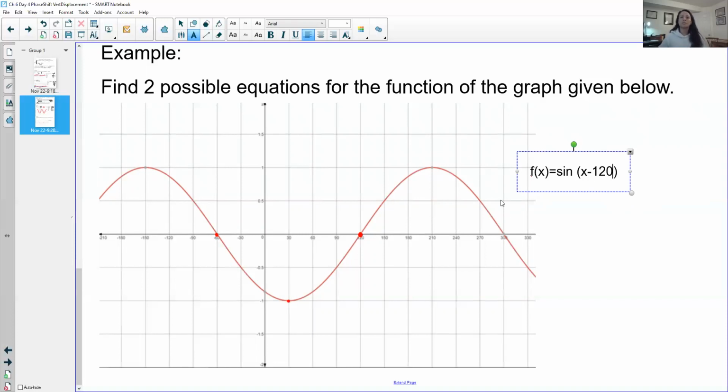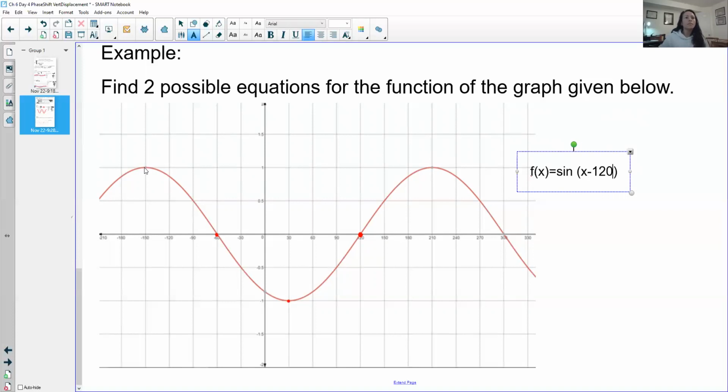If I wanted to produce an equation for the function but using the cosine one, remember cosine starts up high, it starts at 1, and then starts to go down after that. So here would be the beginning of my cosine curve. I could also start it here, but since I can see my cycle, I'm going to start up here.